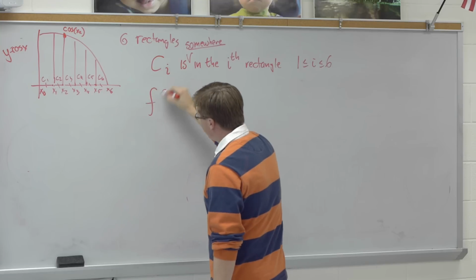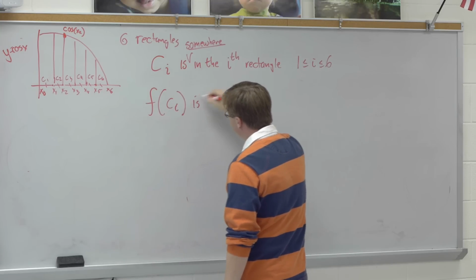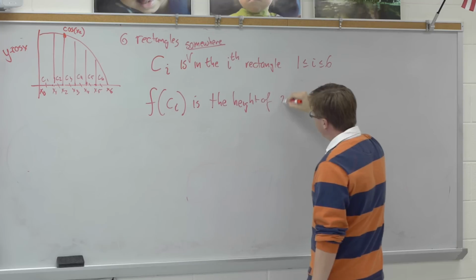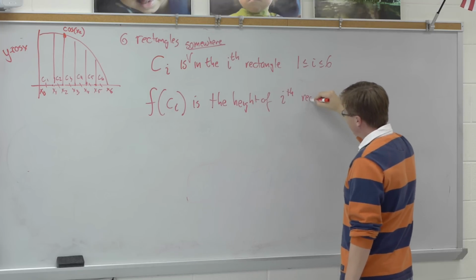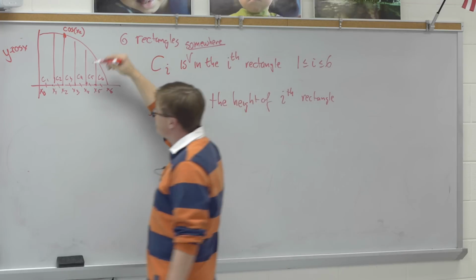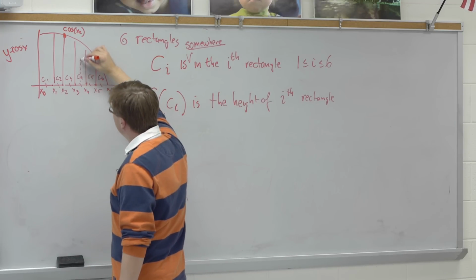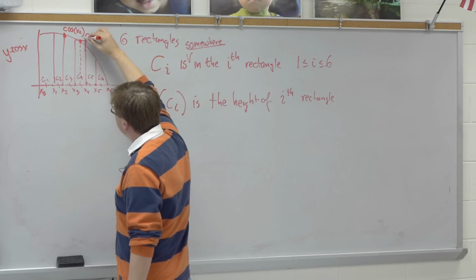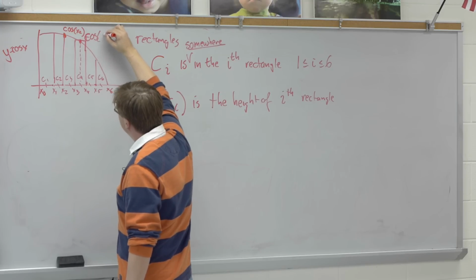So f of c sub i is the height of the ith rectangle. And as an example, I'll draw, say, c4 over here. That's cosine of c4.